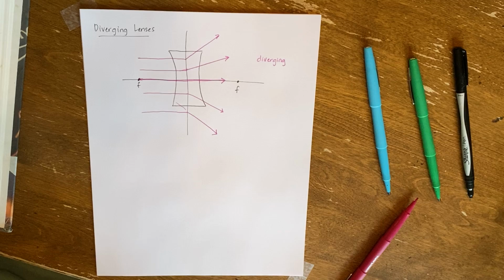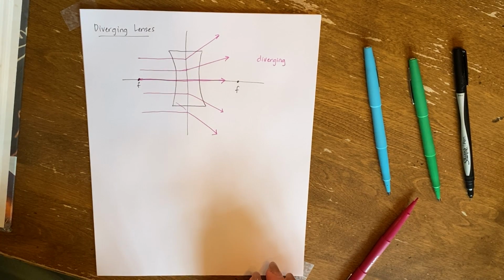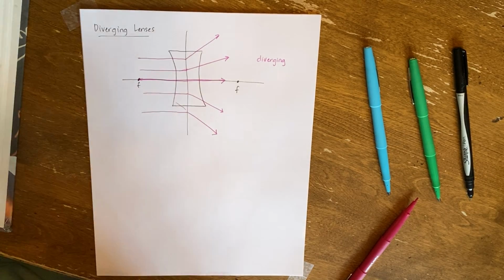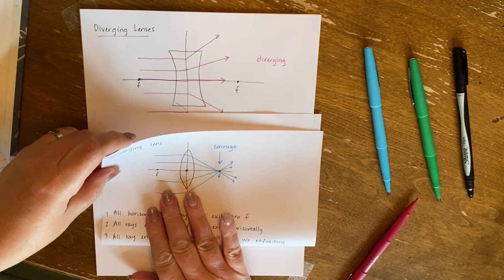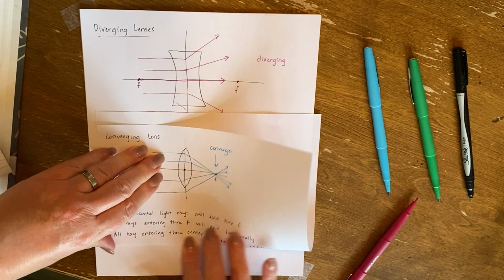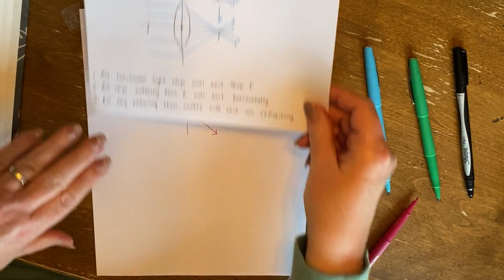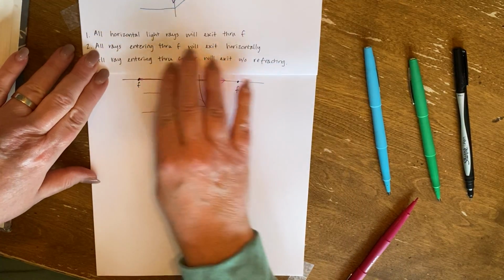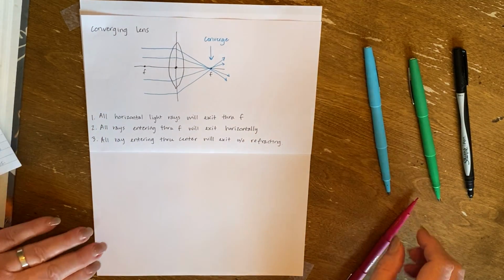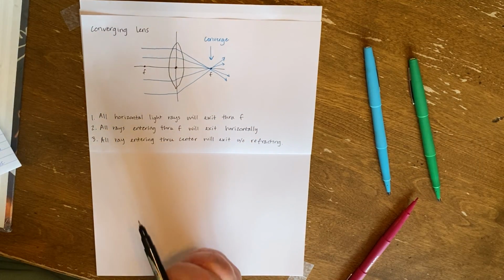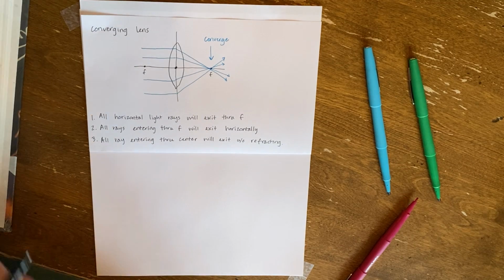The same 3 rules apply as with converging lenses. So let me get those rules back up here. Okay, and so here's our 3 rules, and let's look at On Your Own 12.10.